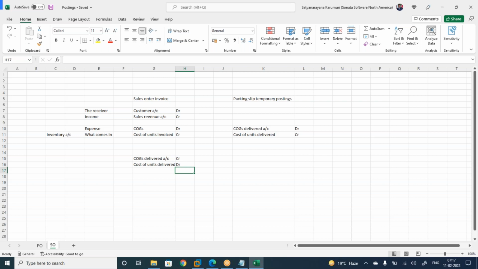Simple. Because, as I told you, the temporary postings are updated at the time of the packing slip, that will be good. Suppose on 31st January the material was dispatched but not invoiced.